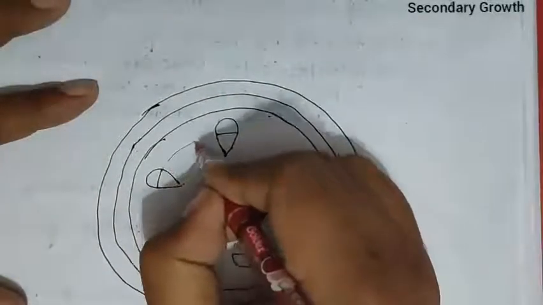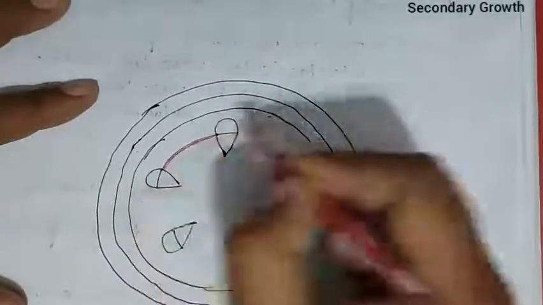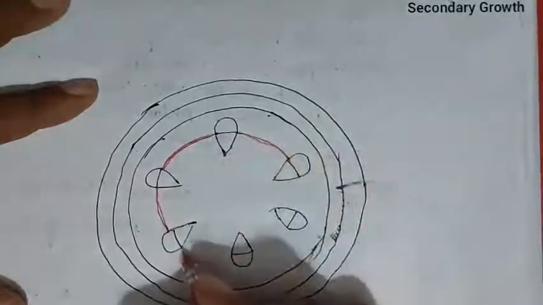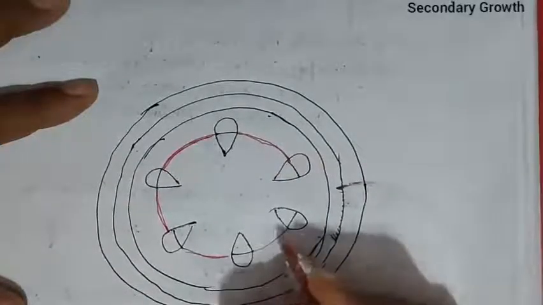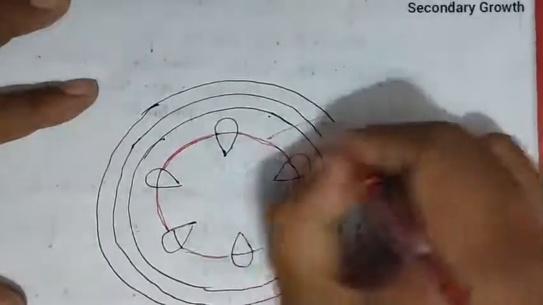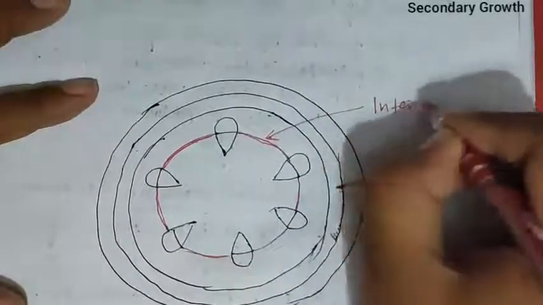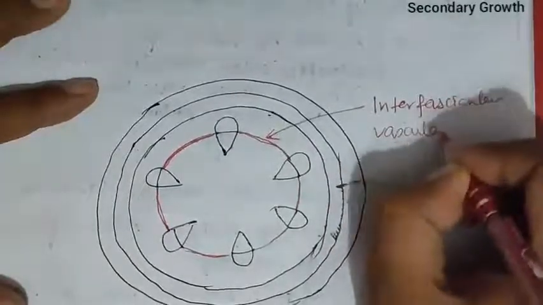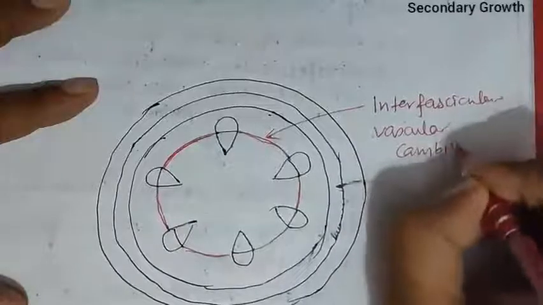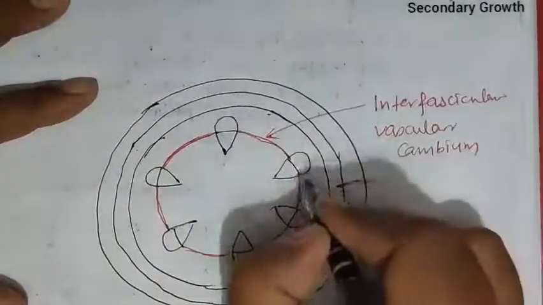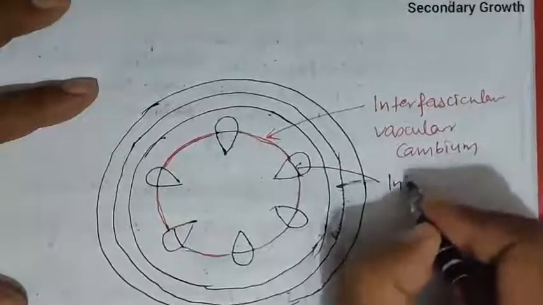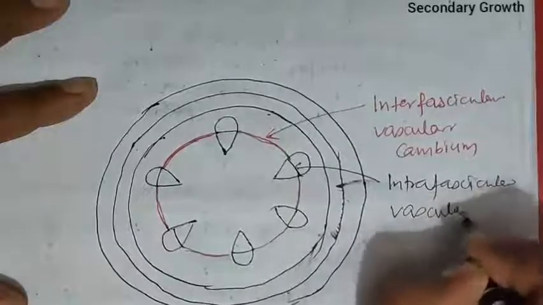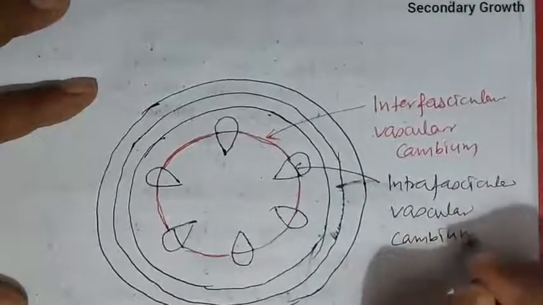Now here this interfascicular vascular cambium will form. This is the interfascicular vascular cambium, and this is the intrafascicular vascular cambium.